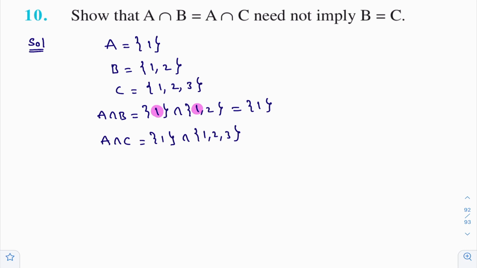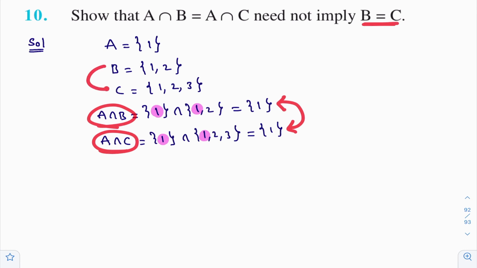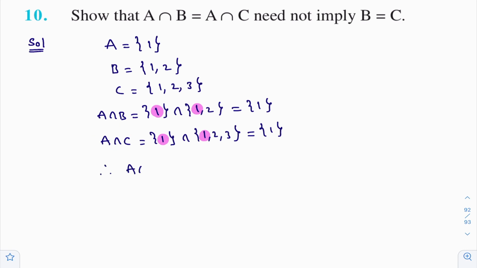What is the common element you identify? 1 is the common element in both. So A intersection C is what? The singleton set {1}. Now you observe here, A intersection B and A intersection C are both the same in this example. But here it need not imply that B equals C. You see that the sets B and C are not equal. So what I can say here is, therefore, A intersection B equals A intersection C.